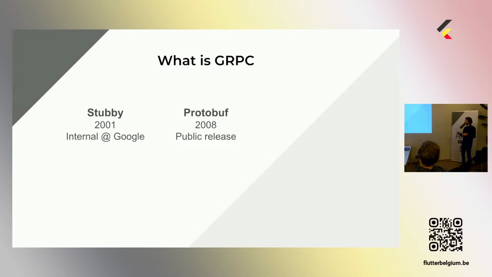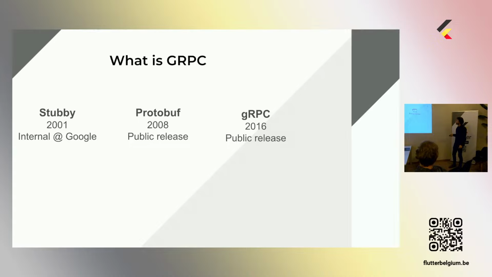So protobufs is actually a way to describe the structure of data. And then in 2016, so not so long ago, Google publicly released it, and they renamed Stubby to gRPC, and now everybody can use it open source.